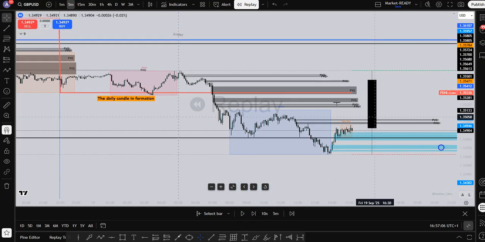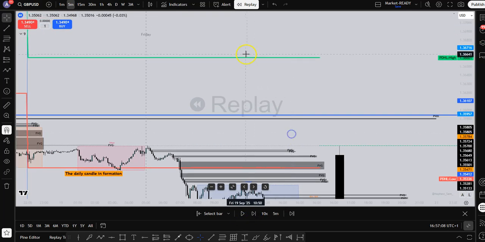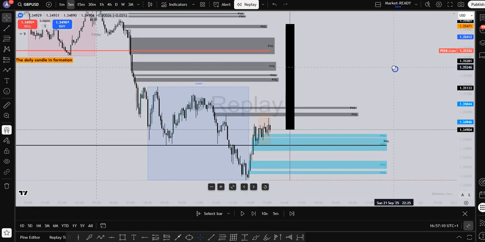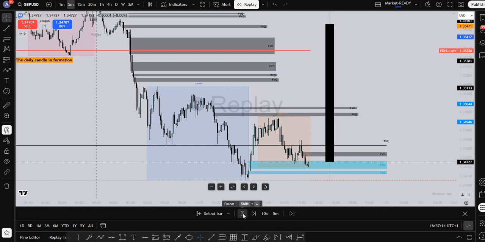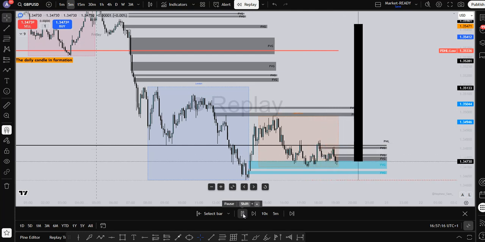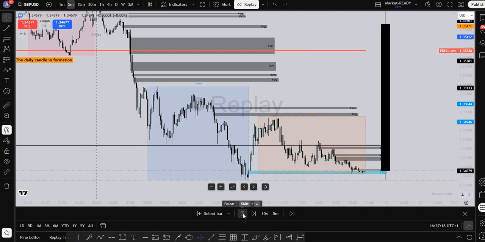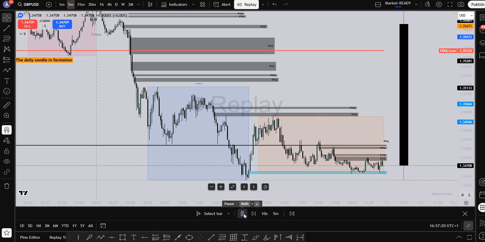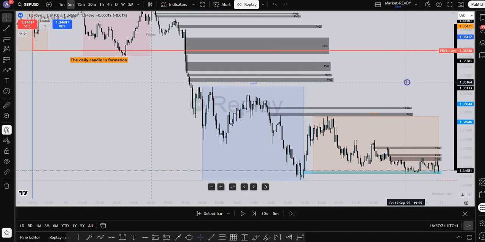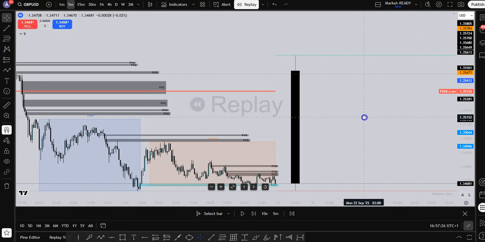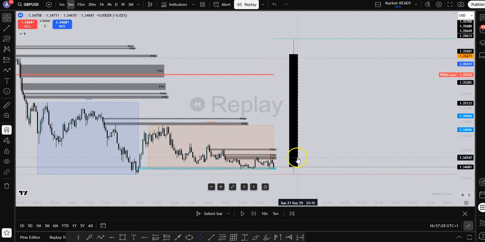This is previous day low, previous day high. As you can see, we close the day bearish. Okay, so this is a beautiful bearish candle.